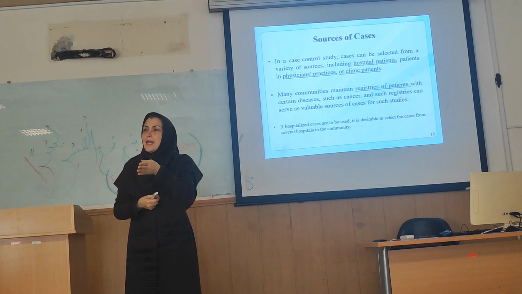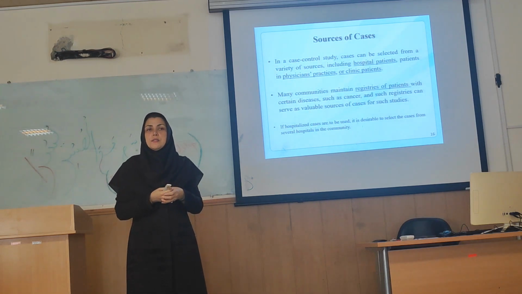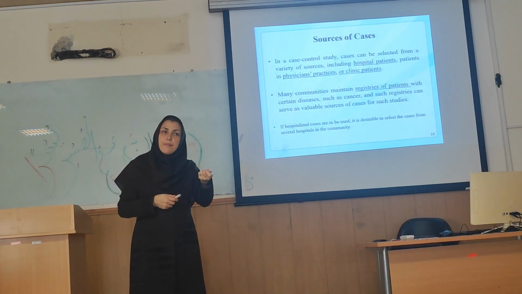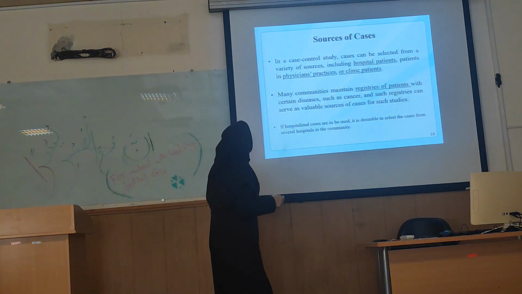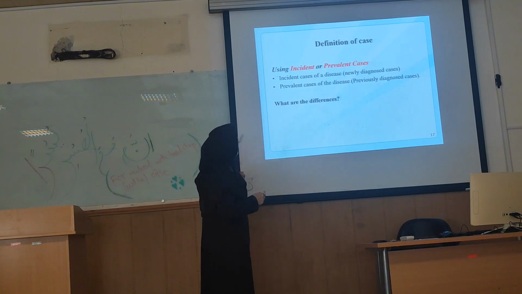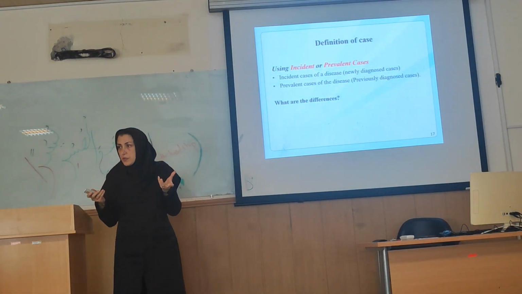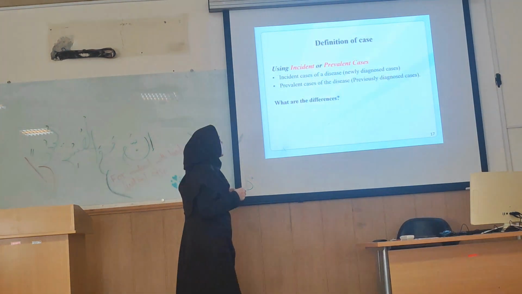For example, the names of different patients for different cancers. And we can select randomly from those forms, that registry center. That was the source of cases. But how about definition of case?